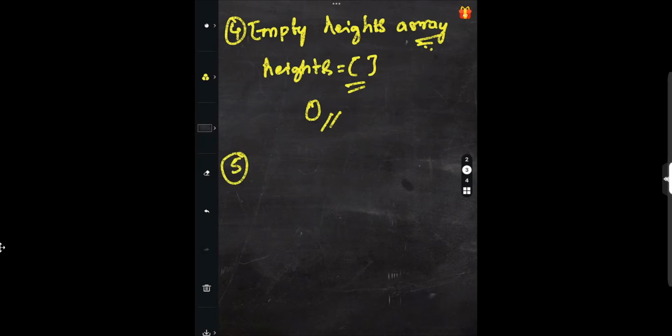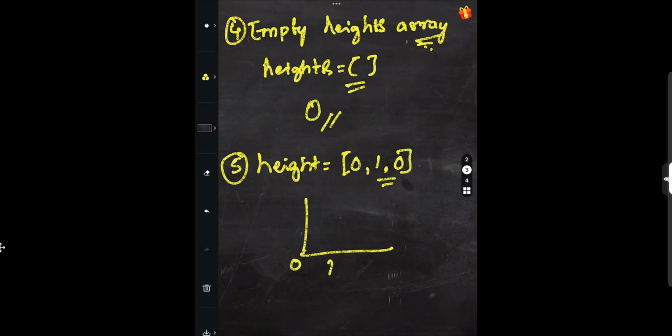The final edge case we are going with is bars with height 0. So let me consider the height input 0, 1, 0. So we are going with bars with height 0, right? Let me quickly give the indices 0, 1, 2 here. The first one is 0 itself.